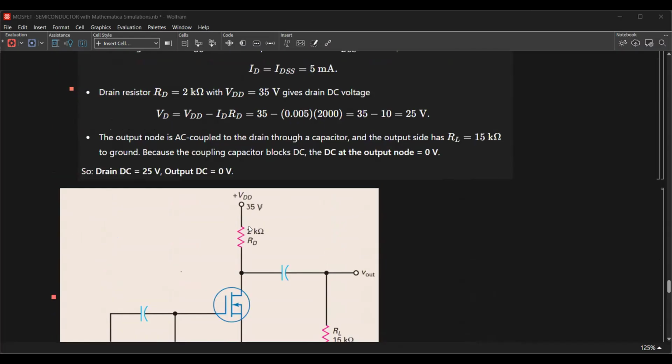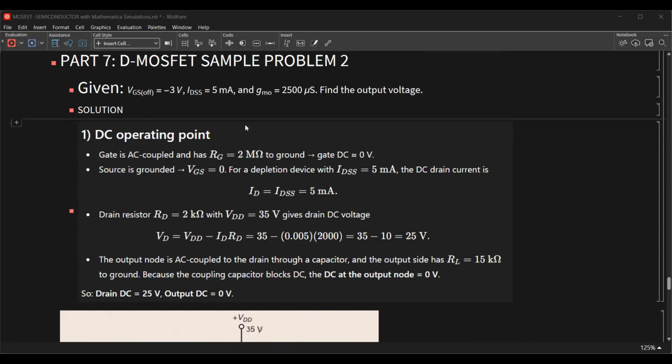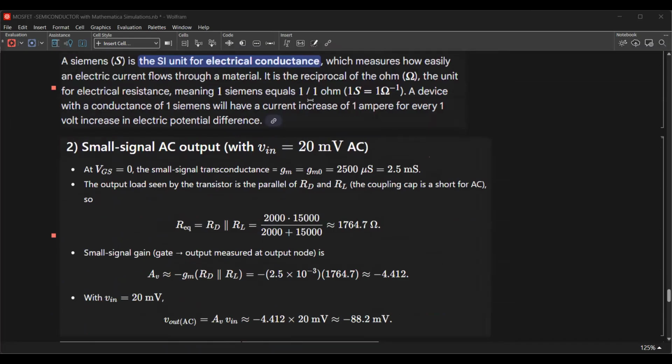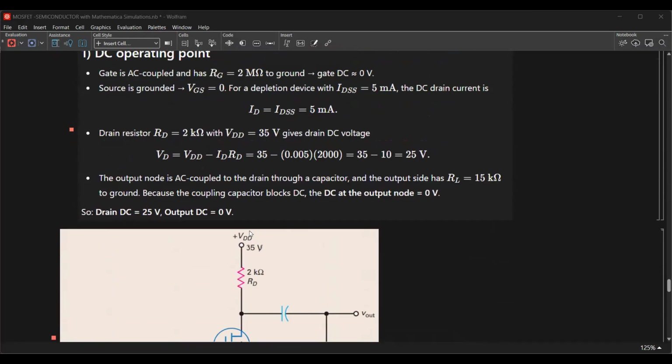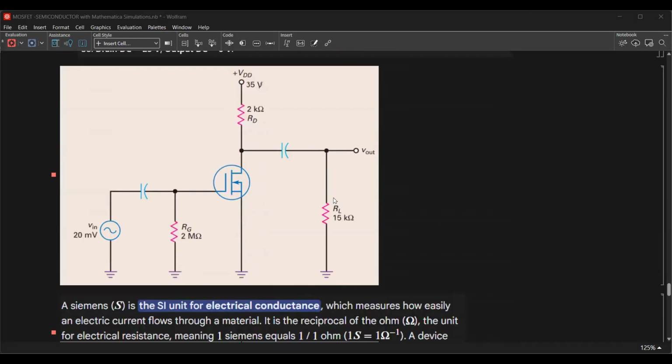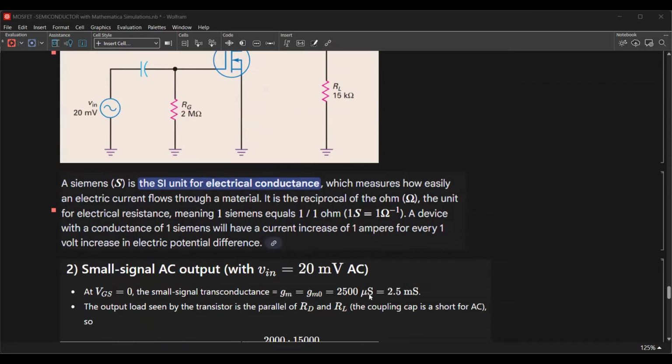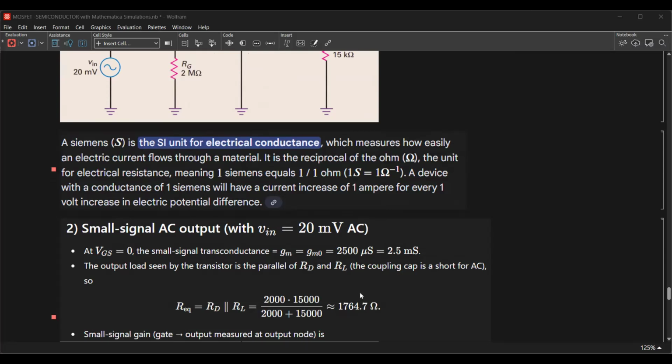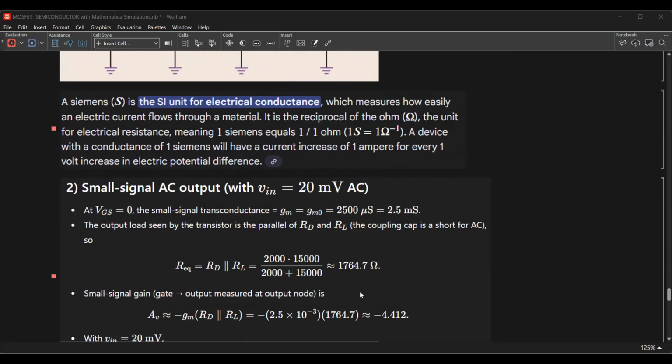The gm here is given as 2,500 mu Siemens, and we can convert that to 2.5 milli Siemens because this is mu. All right, so that is negative 4.412.